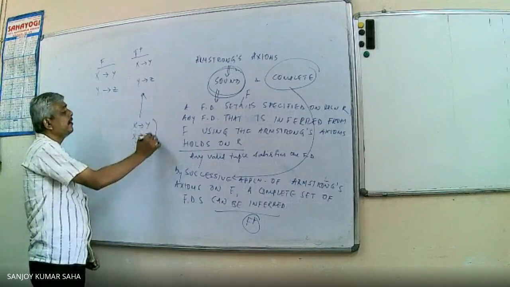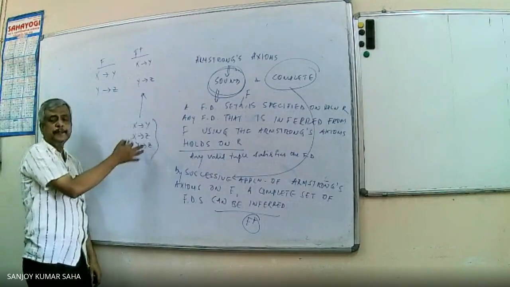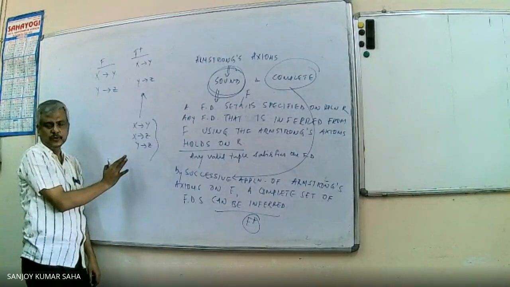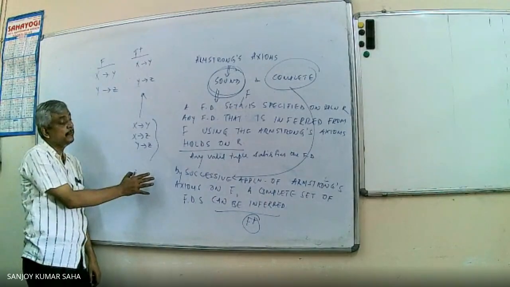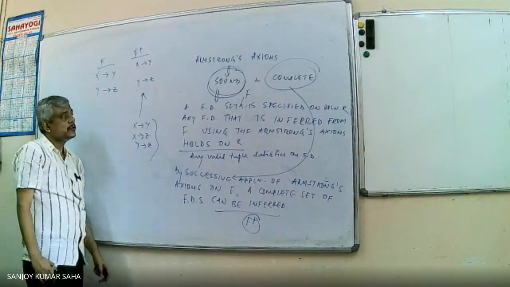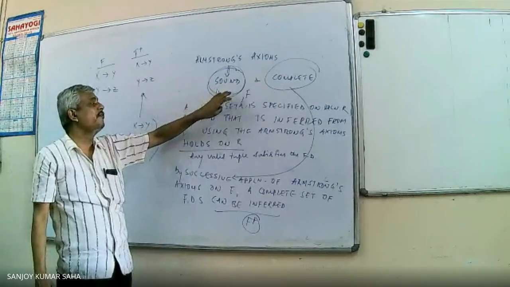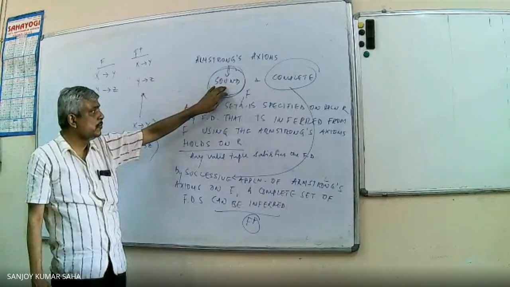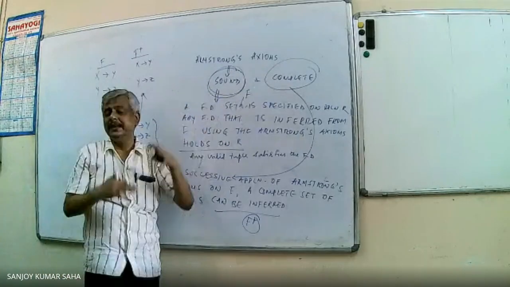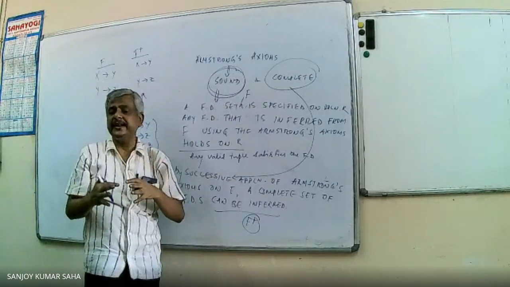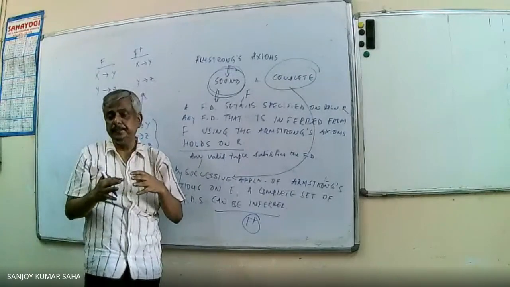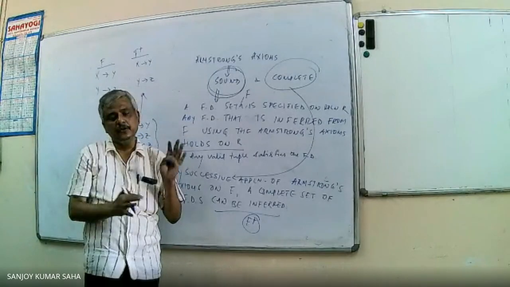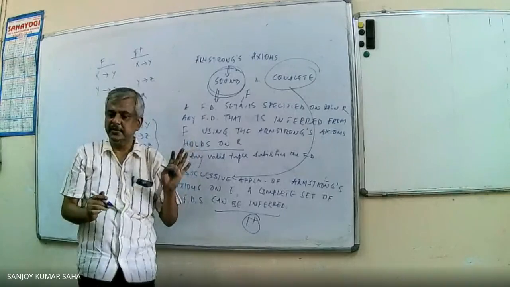So we go on again, we try to apply the inference rule. If we cannot go further, then that is the closure or complete set. So whatever we infer using the Armstrong's axioms, those are correct, those are valid. So that's why it is sound. Complete, because by repeated application of the inference rules, it is possible to get the closure of the functional dependency set. So that way it is said this is complete.